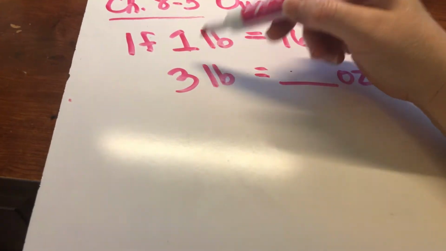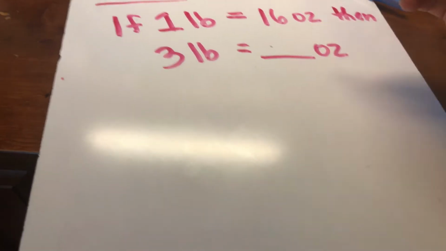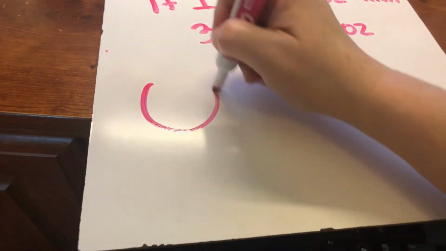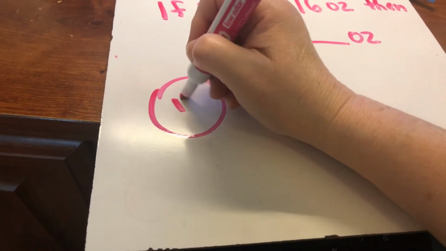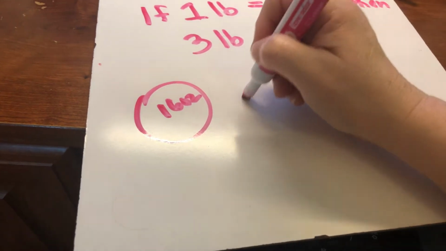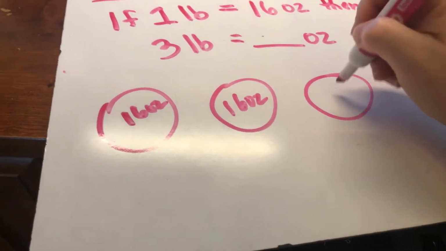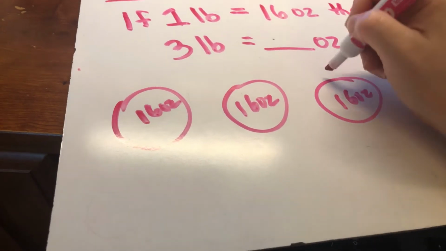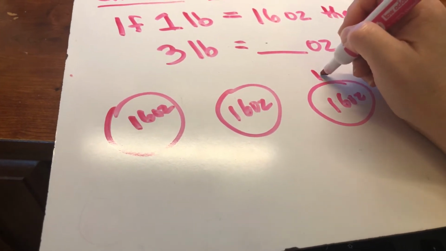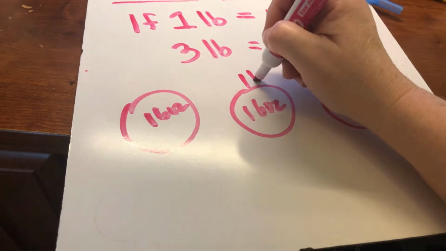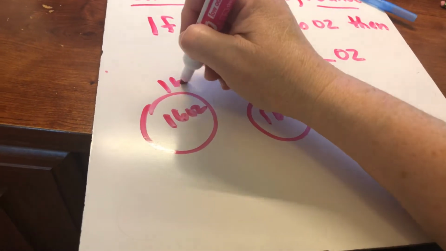Well, if we know 1 pound has 16 ounces, and another pound has 16 ounces, and the third pound has 16 ounces, right? This is 1 pound, this is 1 pound, and this is 1 pound.